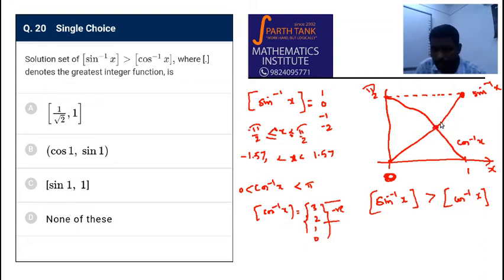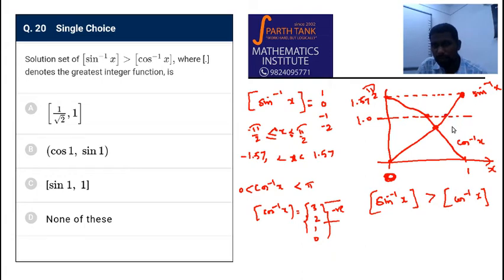Now, how will the box function look like? The box takes integer values, right? So you find the value beyond which this is 1. This is 1.57. So I'm going to find the value 1.0. And what will this point be? This point is such that cos inverse of x is equal to 1.0.